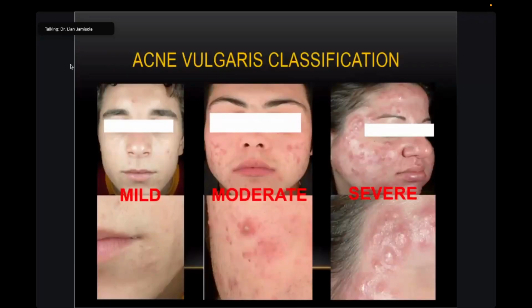Okay. Classification, we classify them depending on the number of comedones, number of inflamed lesions, and the number of nodulocystic lesions. So once we already have like more than 10 to 15 inflammatory lesions, that already becomes moderate. And then nodulocystic, yeah, your severe acne.